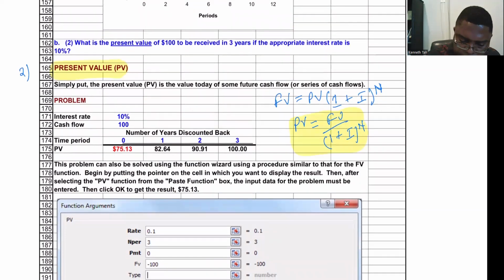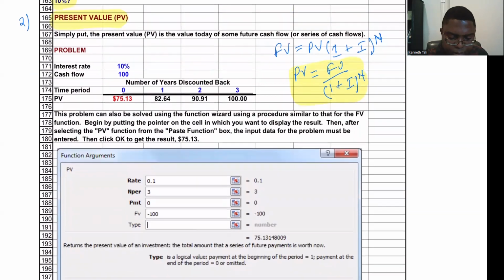Let's look at this example above, question number 2. It says, what is the present value of 100 to be received in 3 years if the appropriate interest rate is 10%? Notice that everything is given except present value.